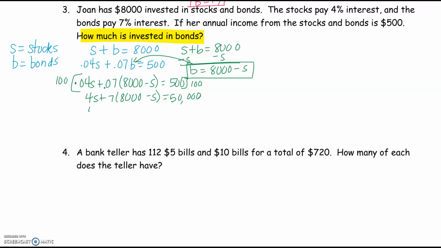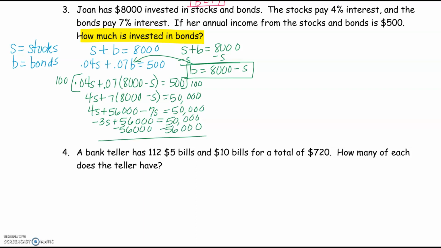I'm going to distribute my 7, and I get 4S plus 56,000 minus 7S equals 50,000. Combine my like terms. 4S minus 7S is negative 3S plus 56,000 equals 50,000. Subtract 56,000.